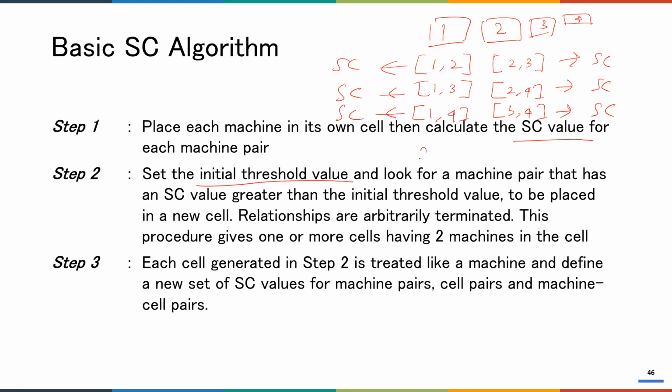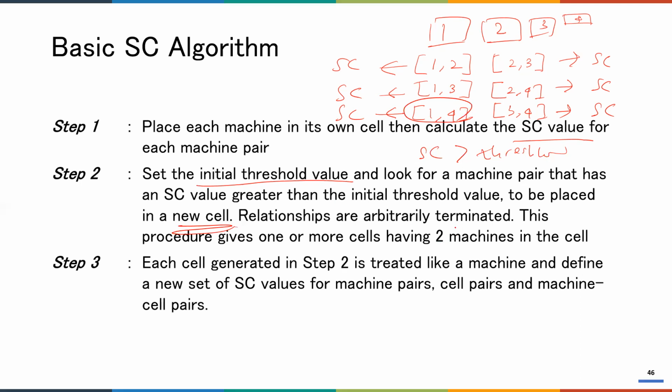If the SC value is greater than the threshold, then we will make the certain pair into one cell. So the previous relation is terminated, and we consider those pairs as one single entity.